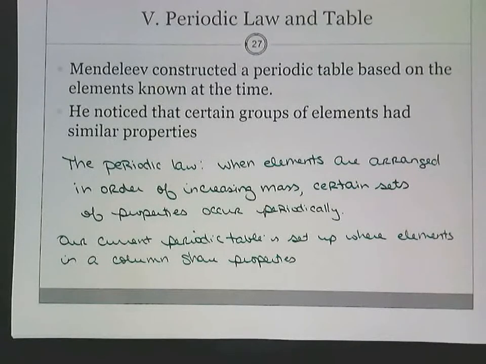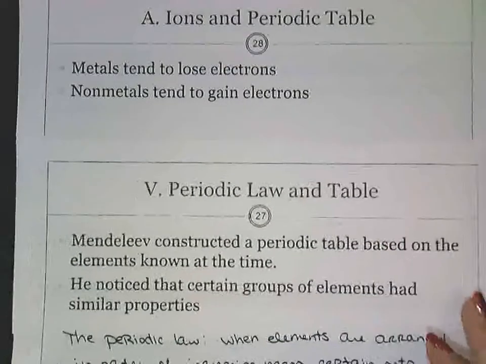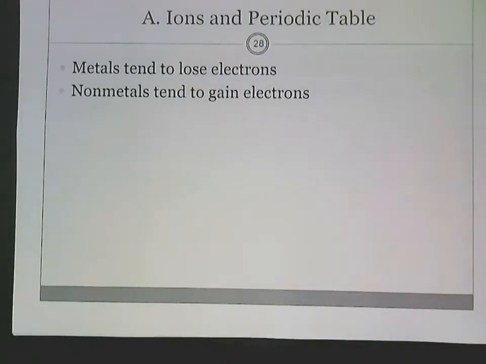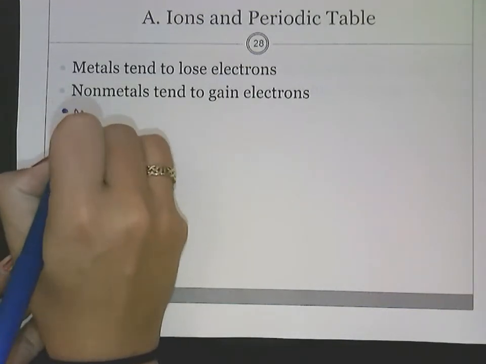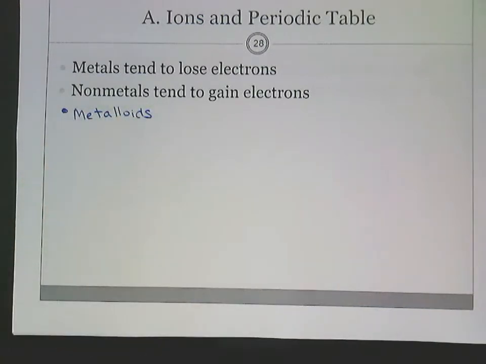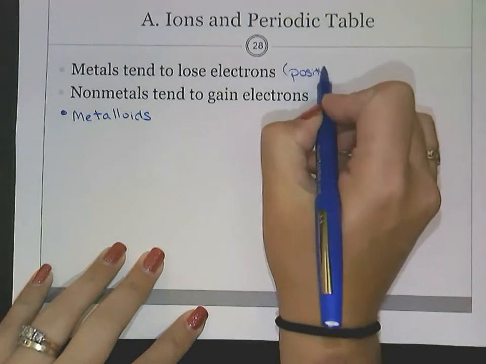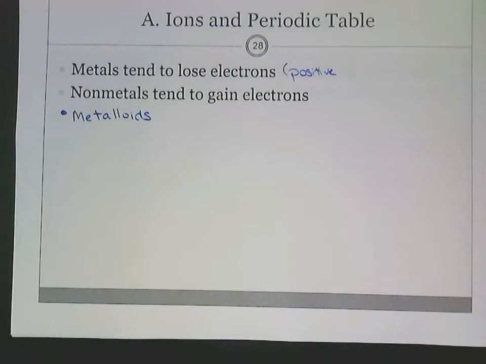All right, so the names of some of these groupings are metals, nonmetals, and metalloids. Metals are elements that tend to lose electrons. If you lose an electron, what does that make your new charge? Positive. So what would I call those guys, a cation or anion?